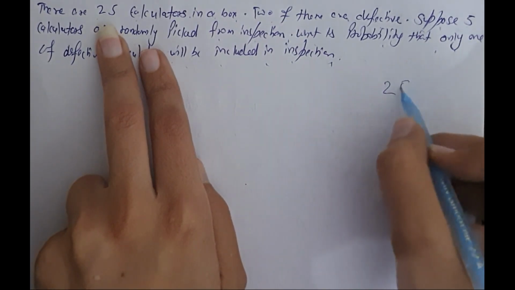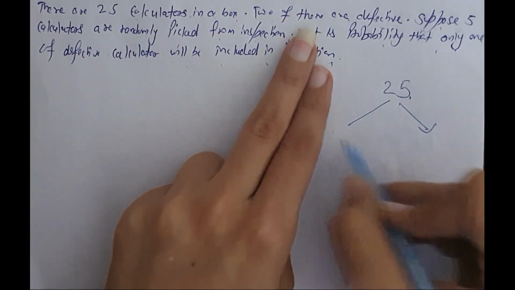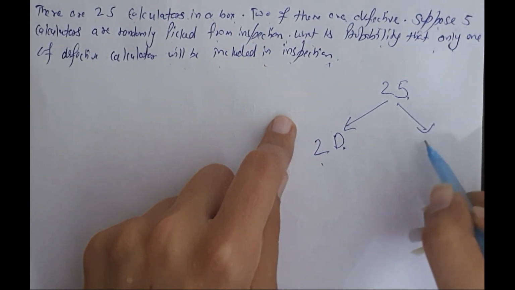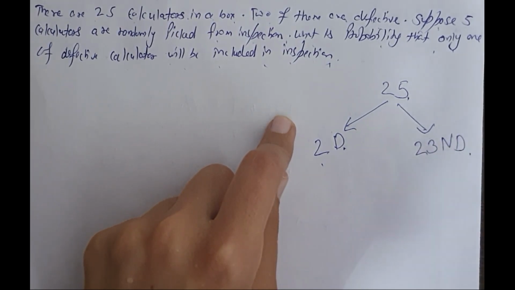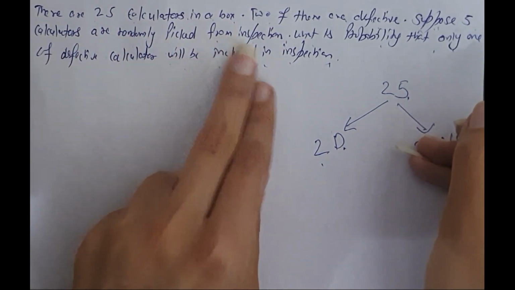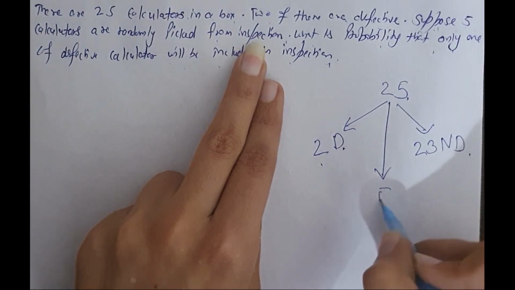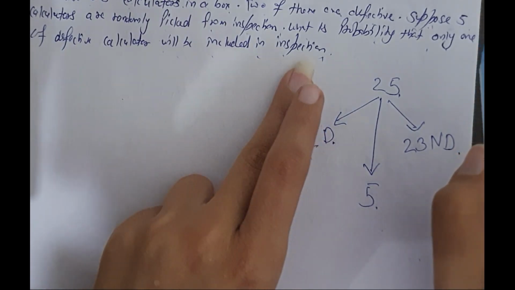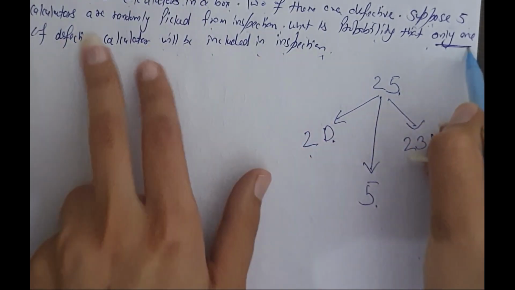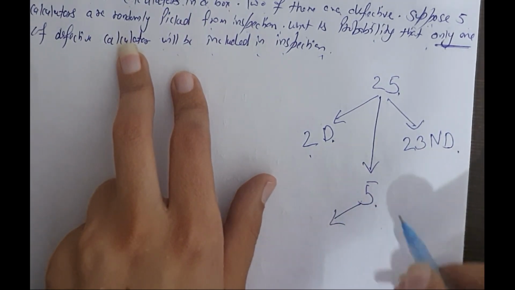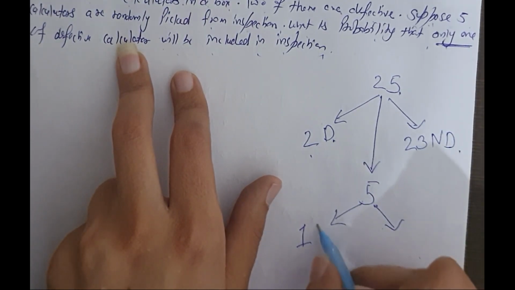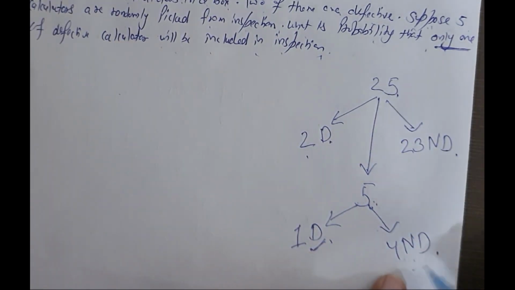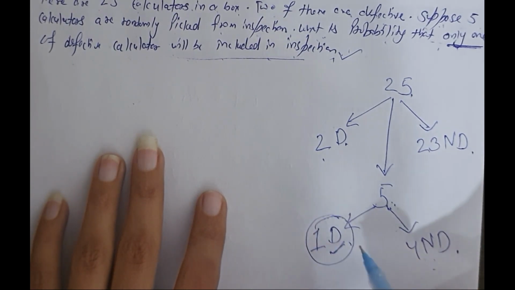If 2 are defective, then 23 are not defective. Only one defective is included from 5. If 1 is defective, then 4 are not defective. We have to find the probability that only 1 is defective.